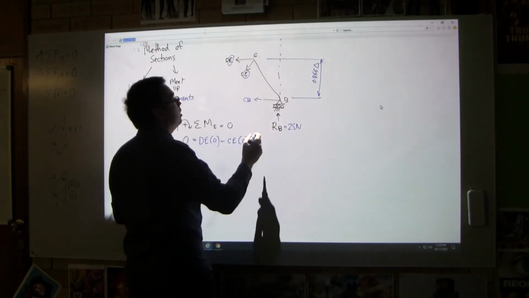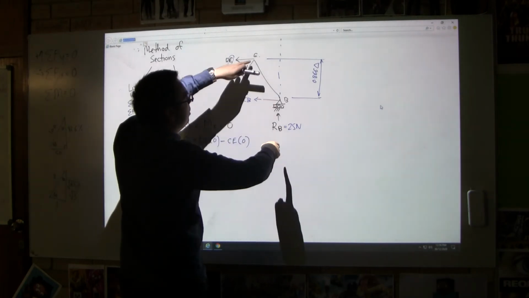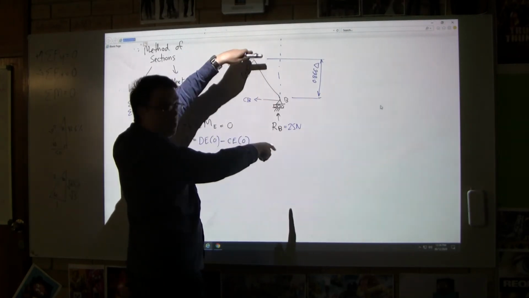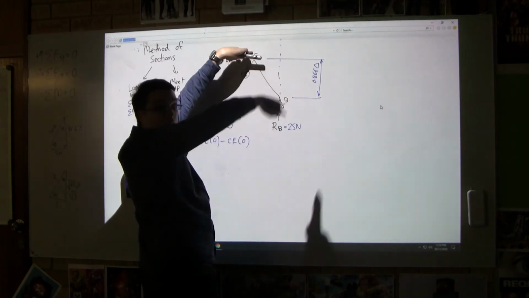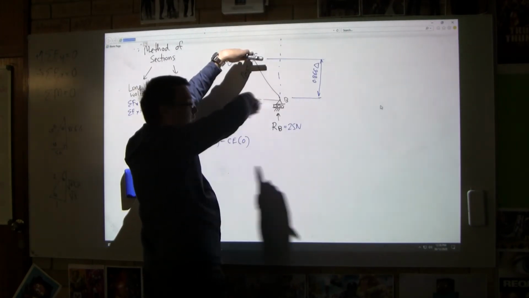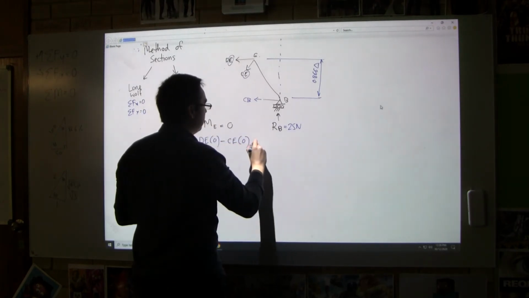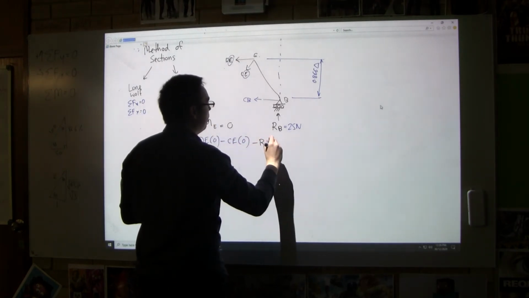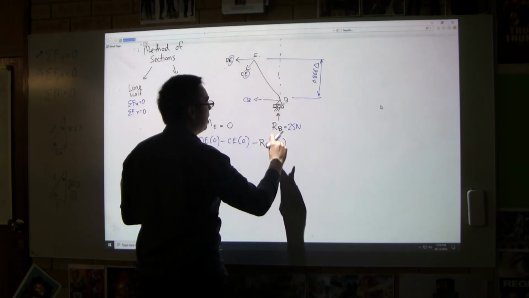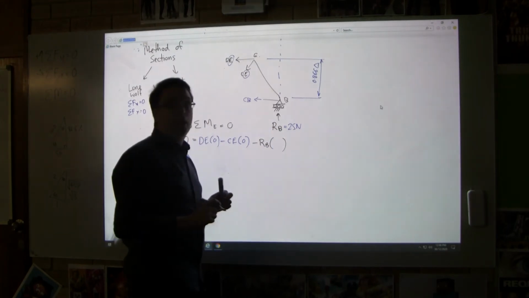To get to our point, we're measuring from E, so we go up and around. Is it clockwise or anti-clockwise? Okay, so we're going to write minus RB, but what is its distance? What is RB's distance? 86.